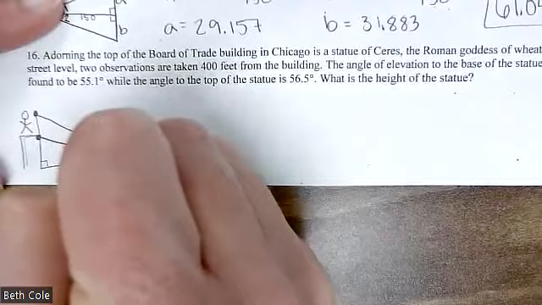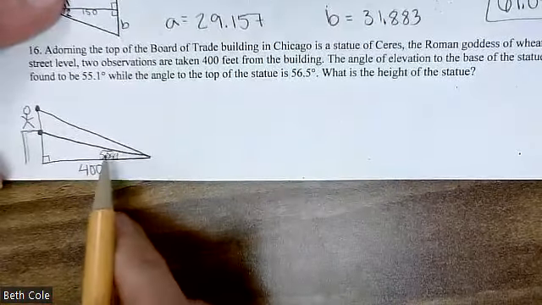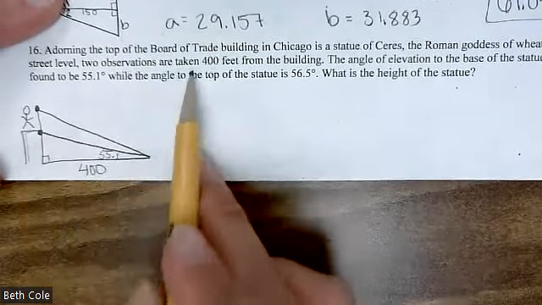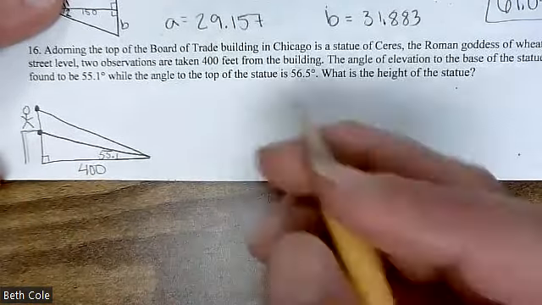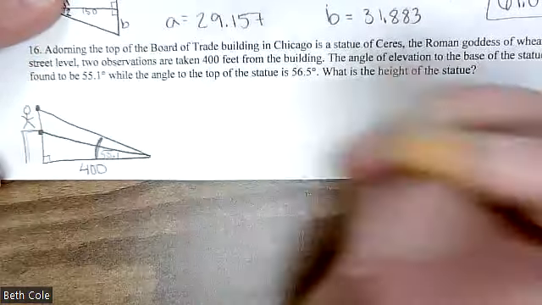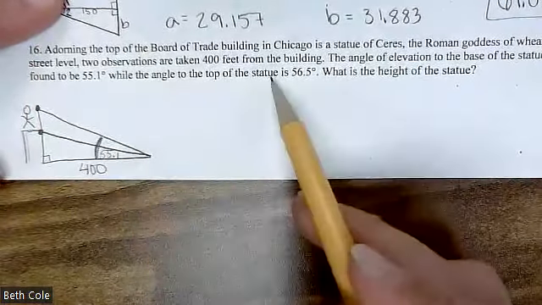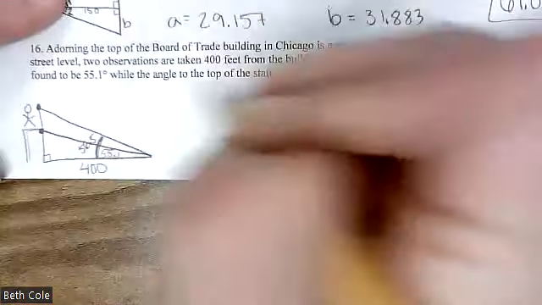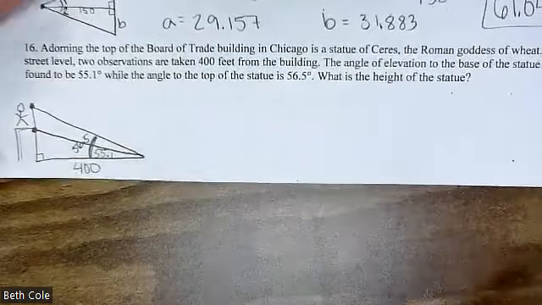So that goes in there. I'm sorry, that's really tiny, but the 55.1 goes in there. That's the one to her feet. And then the one all the way to the top, so that's this whole thing, is 56.5. What is the height of the statue?